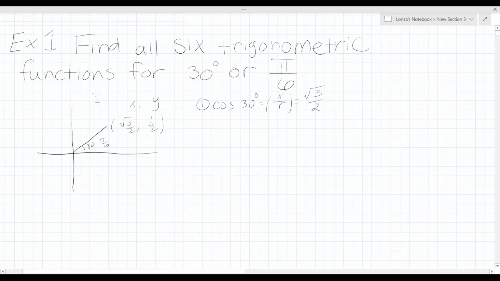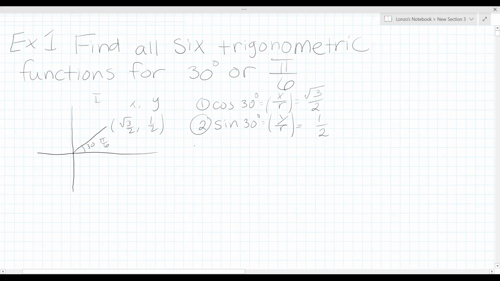Okay, let's do the second one, the sine. Sine of 30 degrees is also y over radius, or pretty much the y value of the coordinate. So it's 1/2.